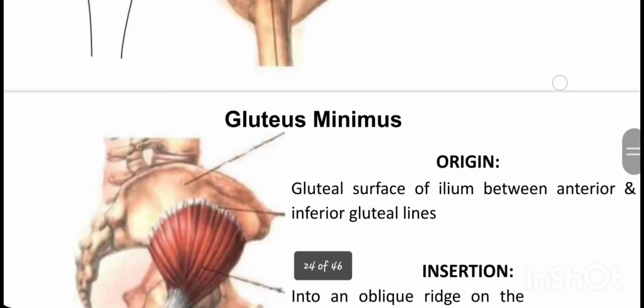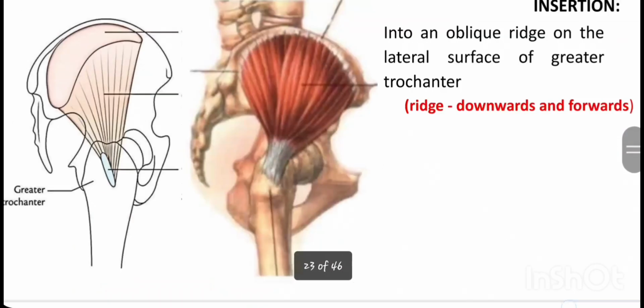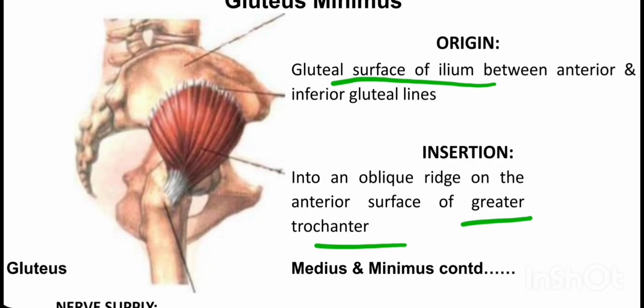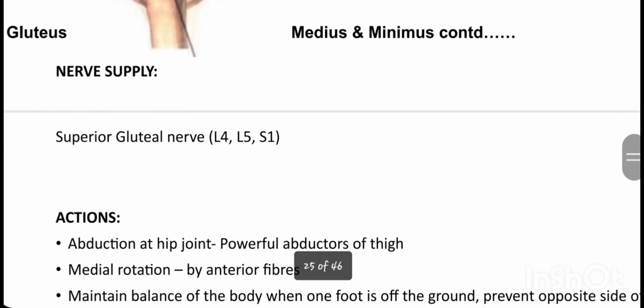Coming to the gluteus minimus, it also arises from the gluteal surface of the ilium and is inserted into the greater trochanter. Coming to the nerve supply, both the medius and minimus are supplied by the superior gluteal nerve, which arises from L4, L5 and S1.